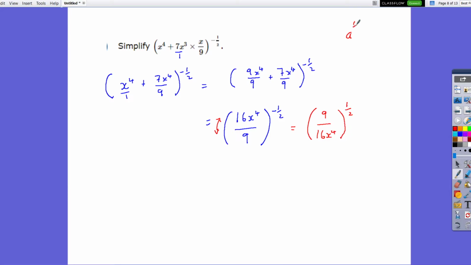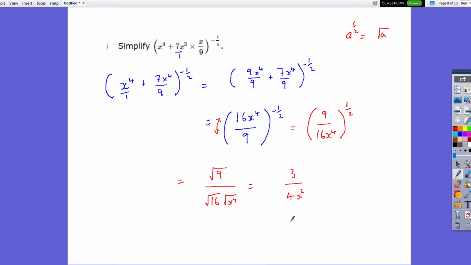Once we've done that, we should know that a to the power half is the same as square root. And what we can do here now is just do the square root of 9 over 16, and the square root of x to the power 4. So we end up with the square root of 9 is 3 over the square root of 16 is 4, and the square root of x to the power 4 is just half the power, which is 2.